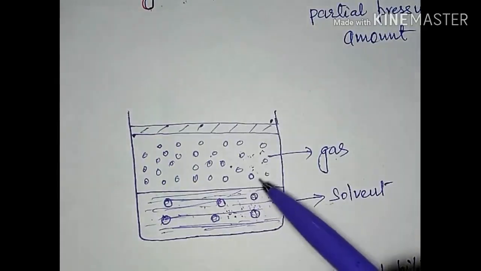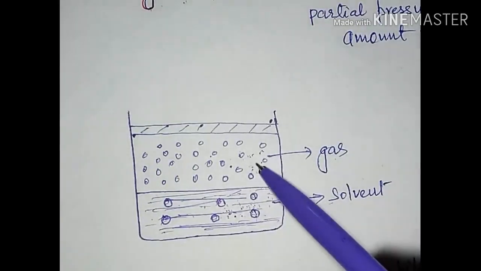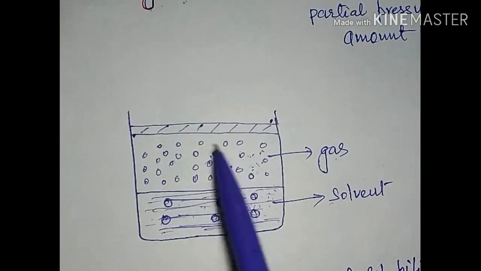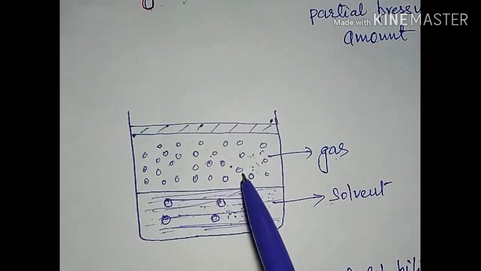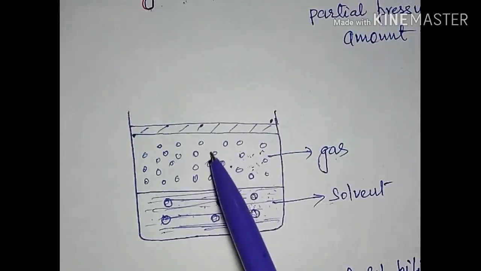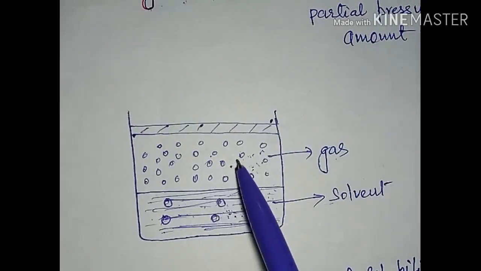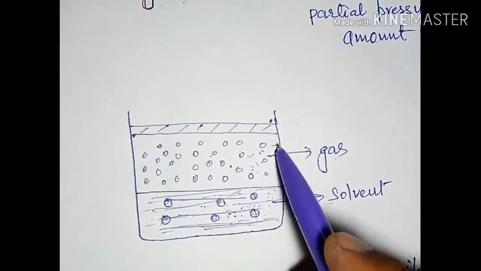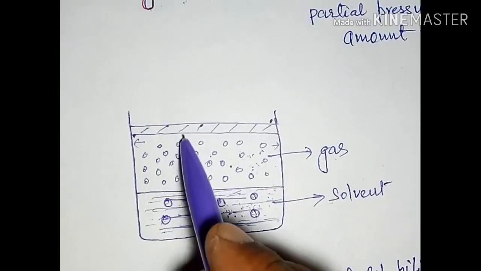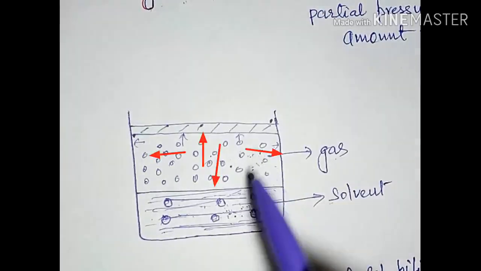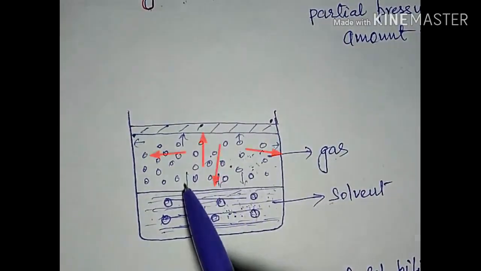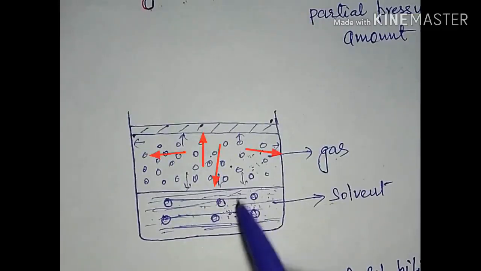Now we'll discuss the mechanism of dissolution, why and how the gases dissolve. The gases are moving with a very high speed, striking the walls of the container in all directions, and hitting the surface of the solvent with a high speed.